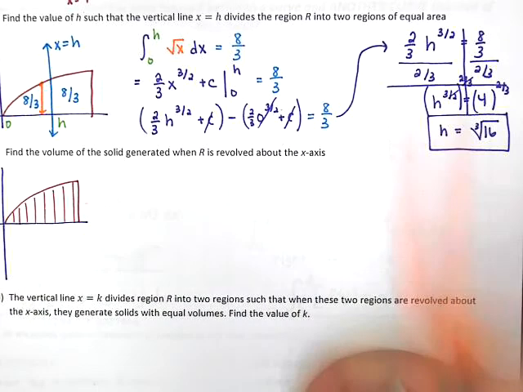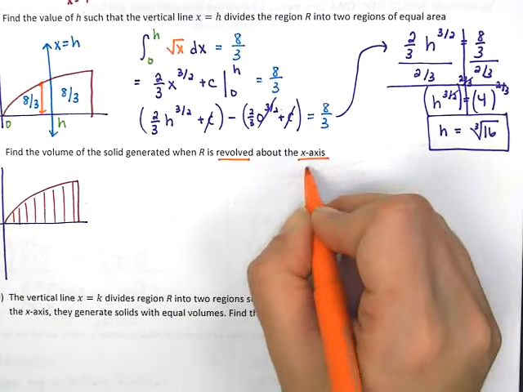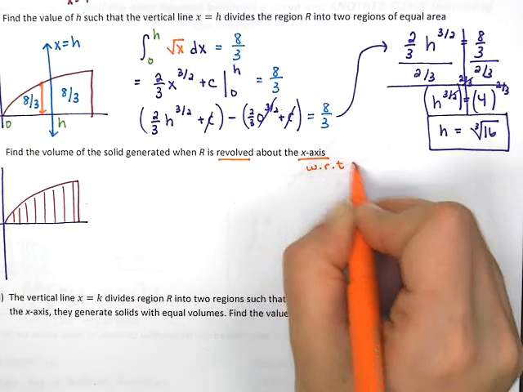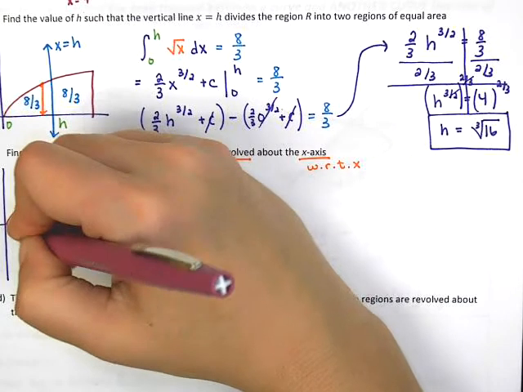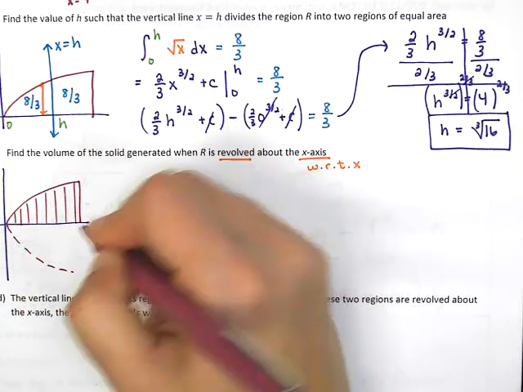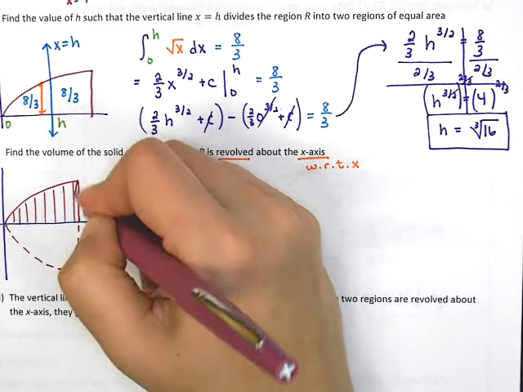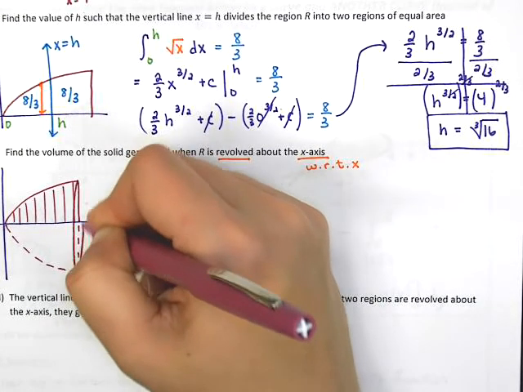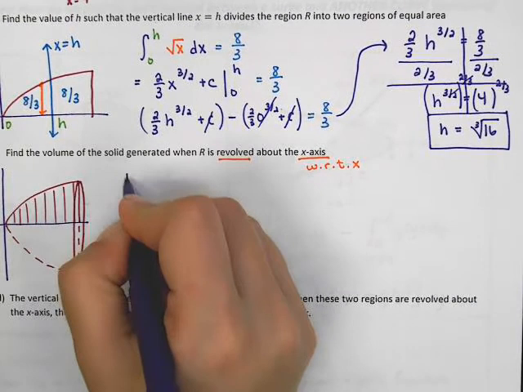As soon as I see that I'm revolving around the x-axis, I know I'm doing this problem with respect to x. The mirror image of this area would be down here. If I wanted to draw in one oval, like at the edge, it would look kind of like a cone.